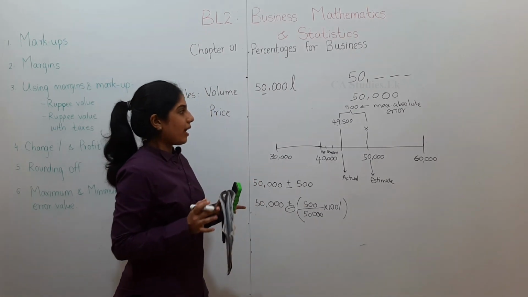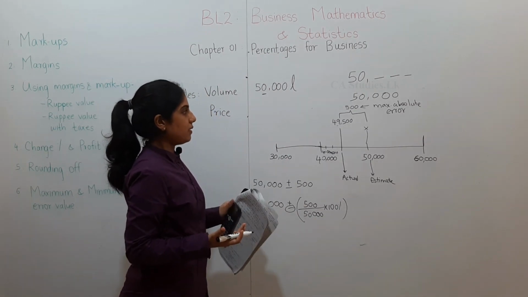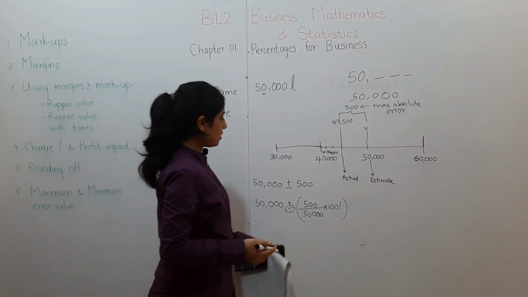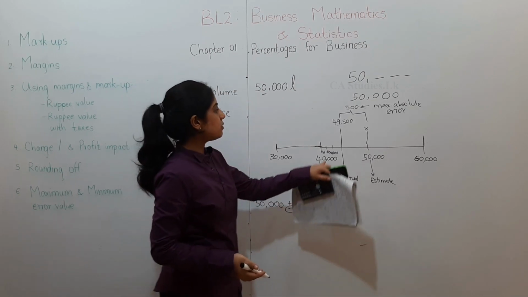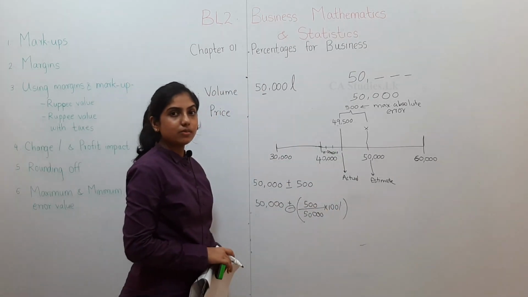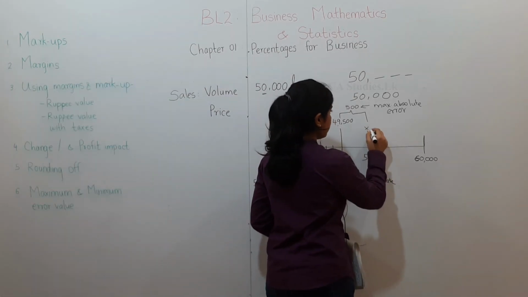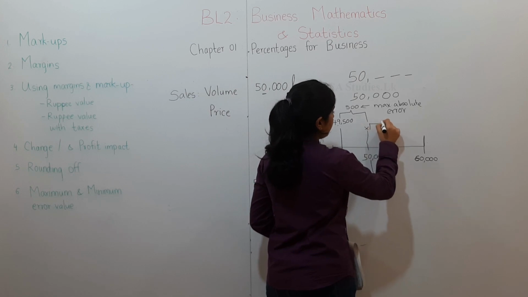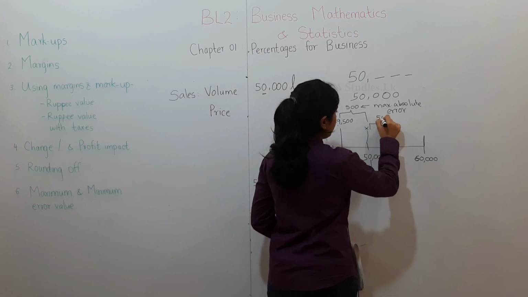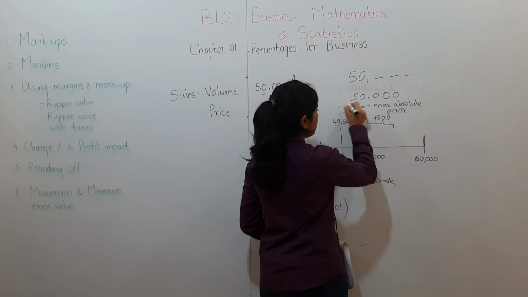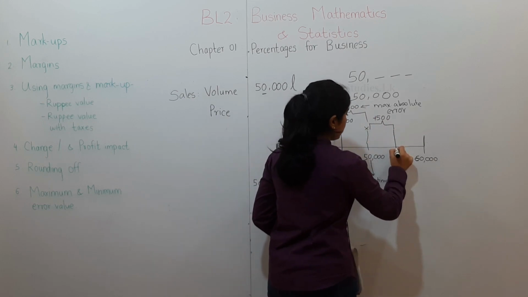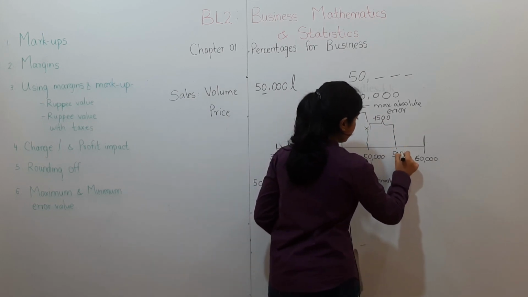Now, when they say plus or minus, minus is here 49,500, but plus is 50,500, isn't it? If you go plus 500 here, you get 50,500.